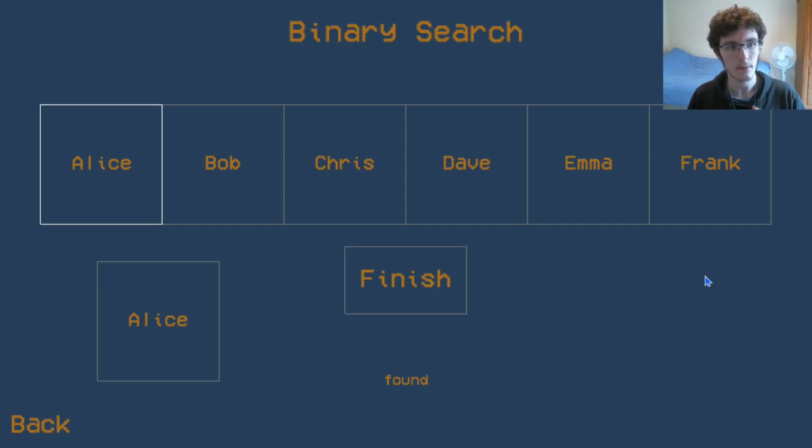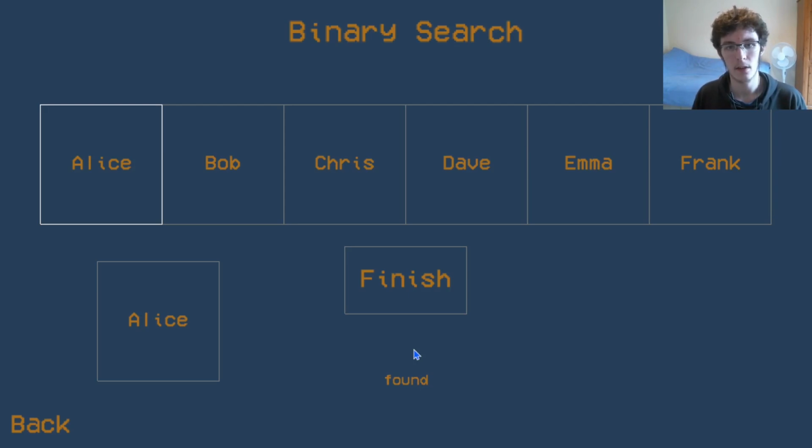So a collection of length 12, which is double the size of a collection of length 6, only has to do 1 more check. So overall, as your collection gets bigger, binary search becomes more and more efficient.